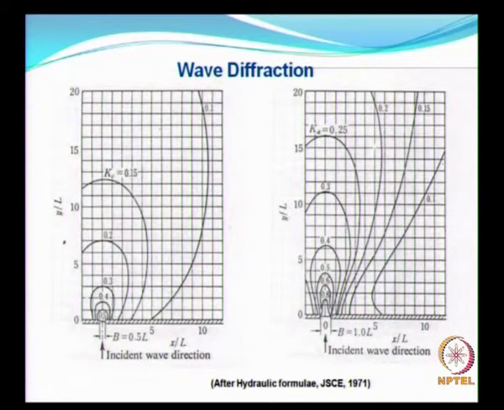On the right hand side you see a similar picture for the breakwater gap equal to the wavelength. Naturally, if you keep increasing the gap, the disturbance inside the area is going to increase. This is where you need to carefully design the harbor layout.